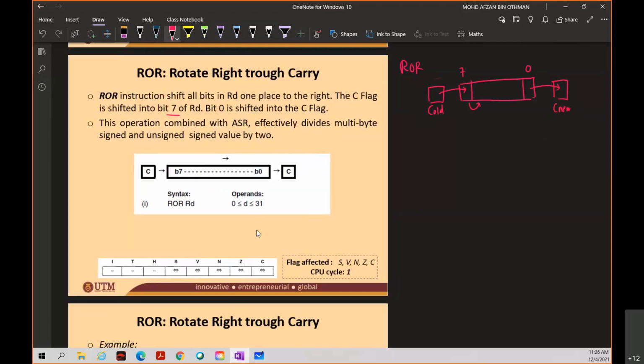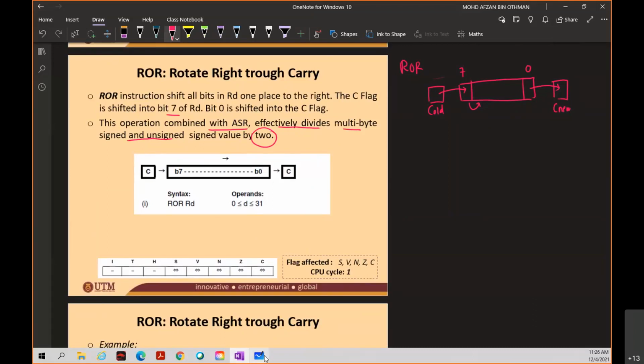And this operation, when you combine it with ASR, effectively divides a multi-byte signed or unsigned value by 2. If you're going to divide a 16-bit number by 2, you can combine ASR with ROR to do that.